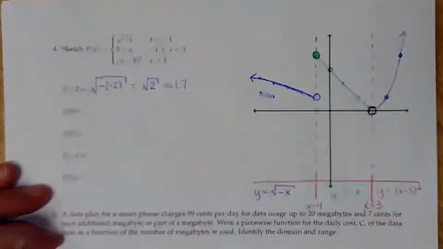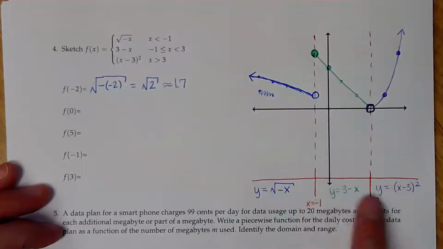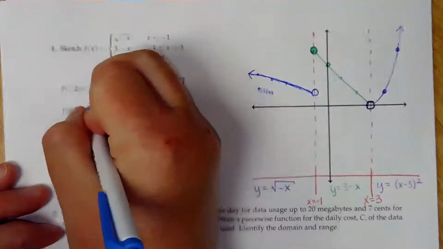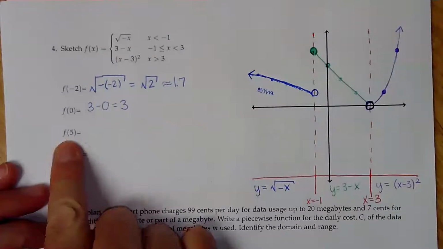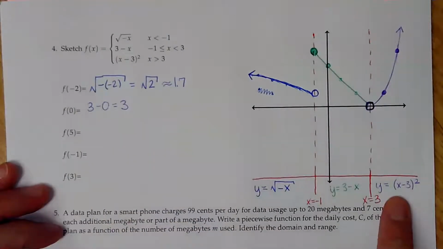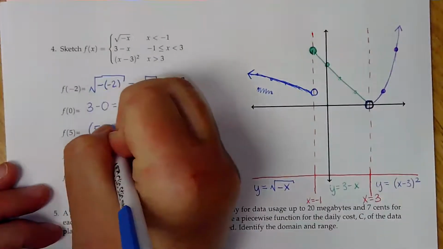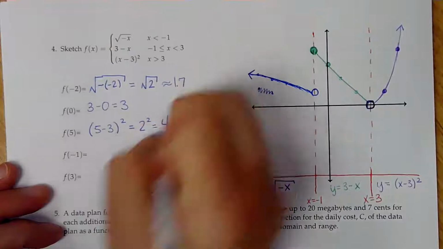I believe that's about 1.41. f of 0: x equals 0 is in this middle piece, so I'll use this green function. I get 3 minus 0, that's equal to 3. x equals 5 is over on the purple side, so I will plug 5 in for x. 5 minus 3 squared gives me 2 squared, which is 4.